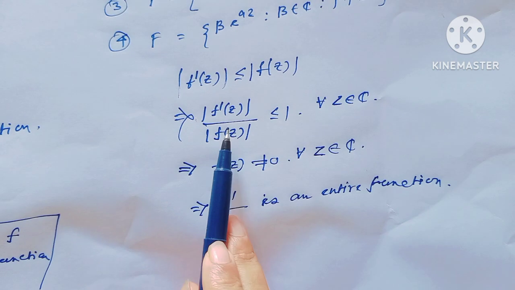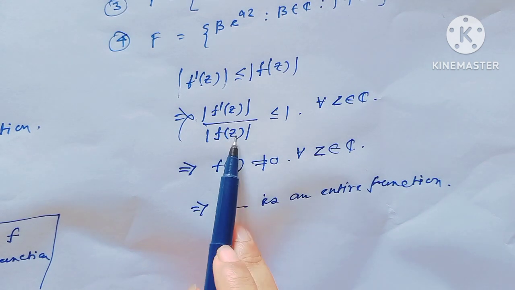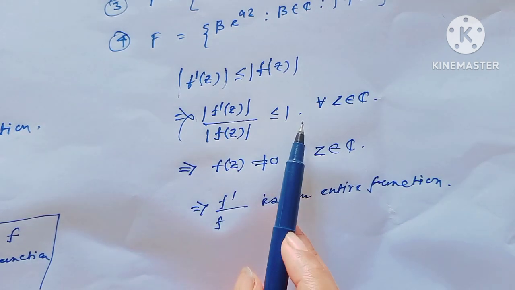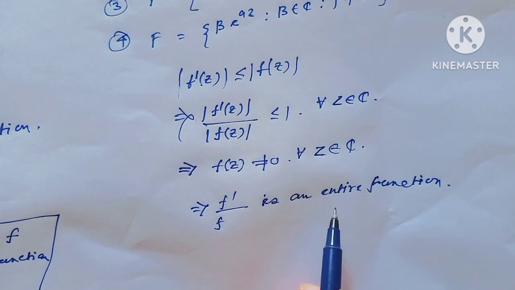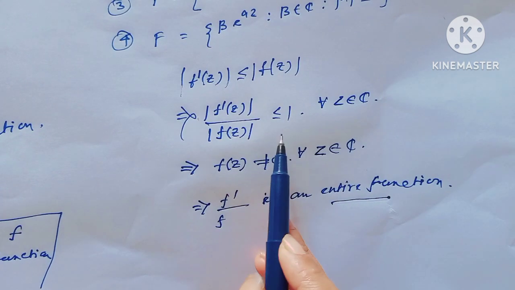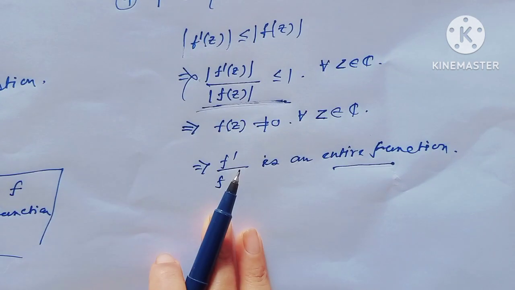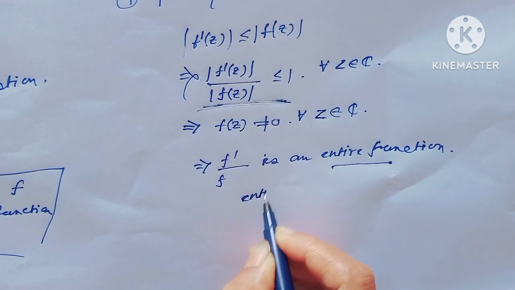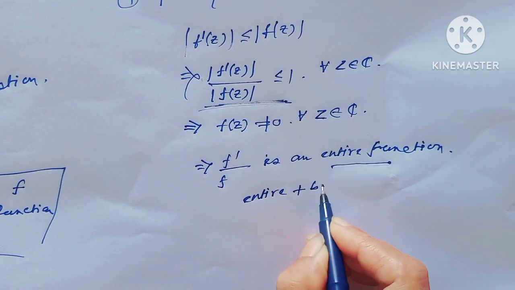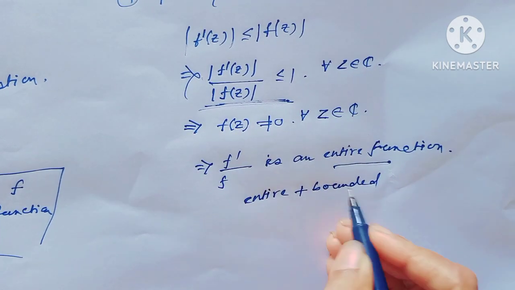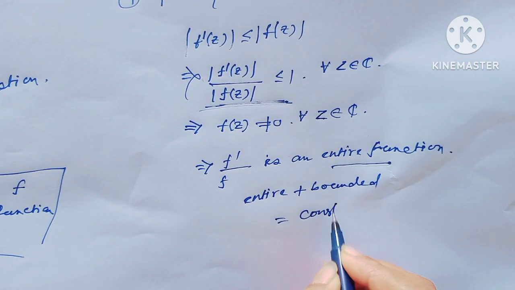And since |f'/f| ≤ 1, that means this is entire and bounded. Entire plus bounded implies a constant function.